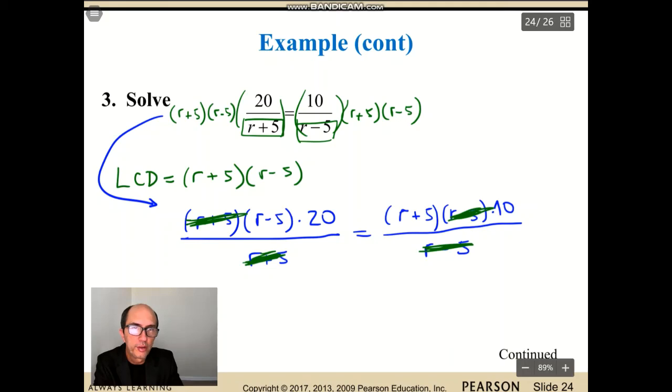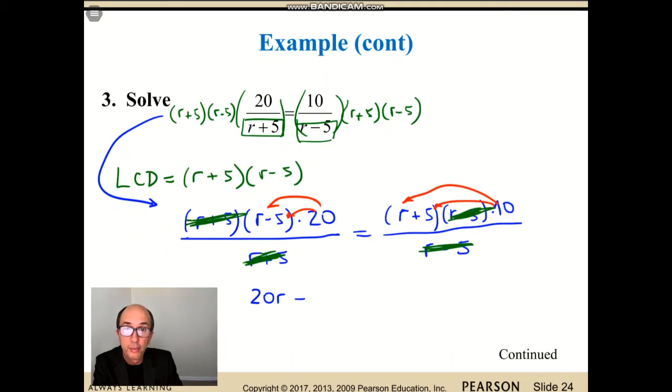Work out the distributive property here and there. 20 times r minus 5 times 20, 20 times negative 5 is negative 100, equals 10 times r plus 10 times 5, 50. Let's move everything that has a variable to the left hand side.